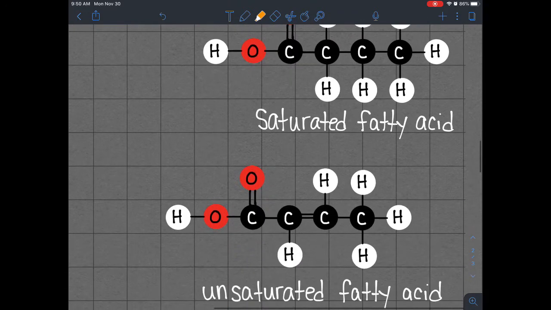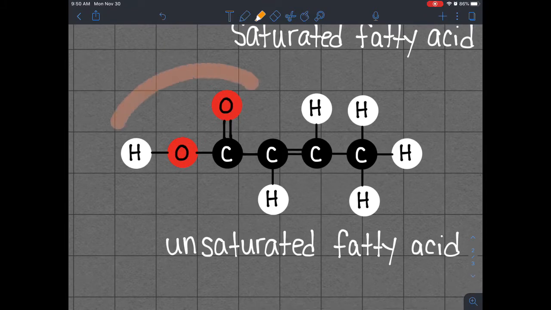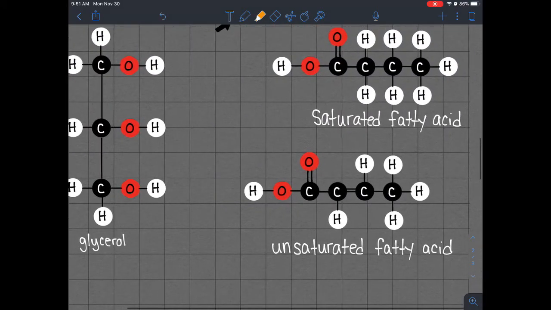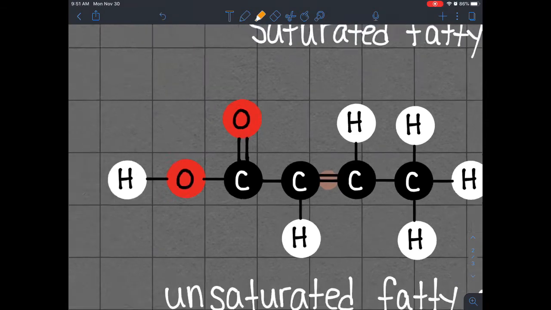And then if we look at the unsaturated fatty acid, again, it still has that carboxylic acid functional group. They always have that. But one of the key differences that you'll notice between the two is that between the second and third carbon, there's this double bond. Because there's a double bond, it can hold fewer hydrogens, right?